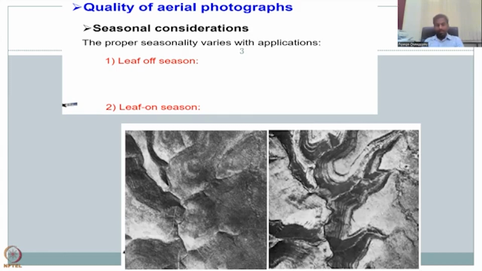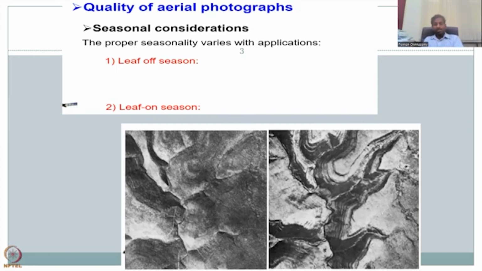For example, you have here 1 and 2. One is a leaf off season and the other a leaf on season. You could clearly see that the leaf off season has issues in terms of the elevations. The elevations can change rapidly, right?